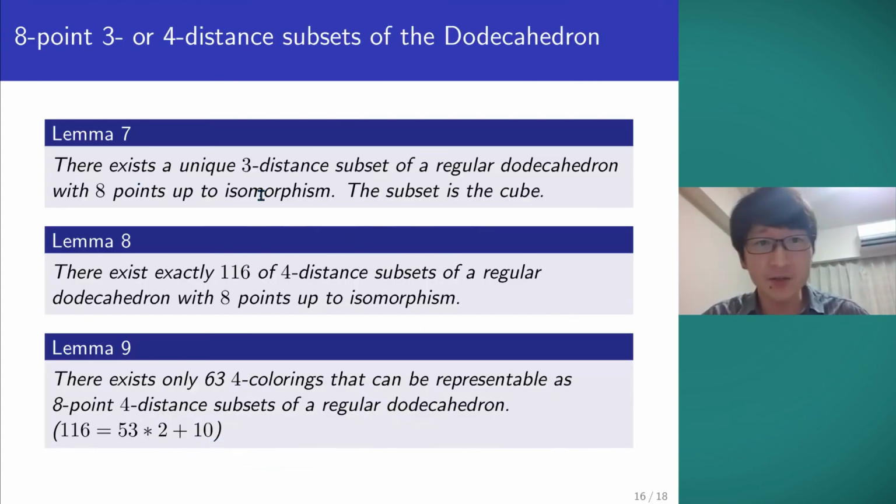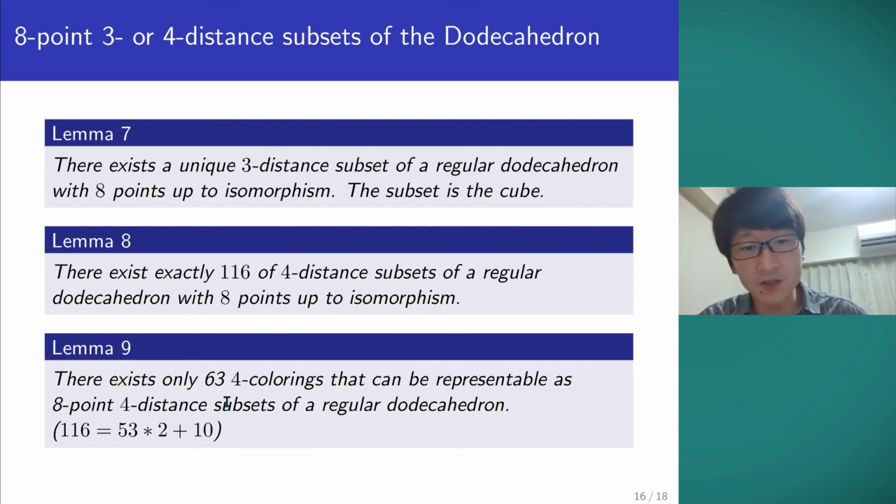There exists a unique 3-distance subset of a regular dodecahedron with 8 points up to isomorphism. The subset is a cube, Lemma 8. There exist exactly 116 4-distance subsets of a regular dodecahedron with 8 points up to isomorphism.